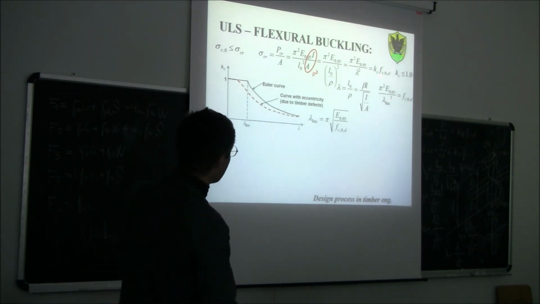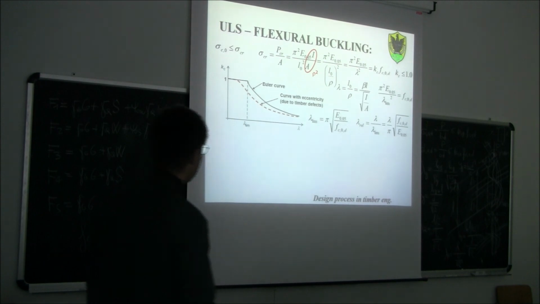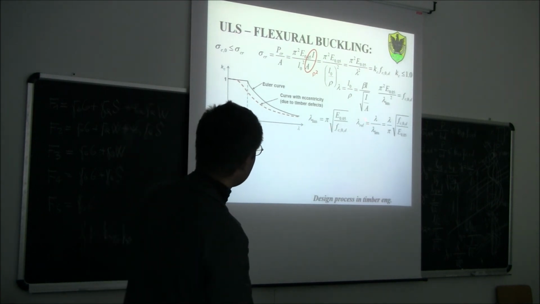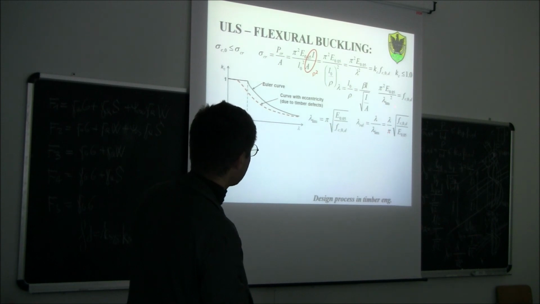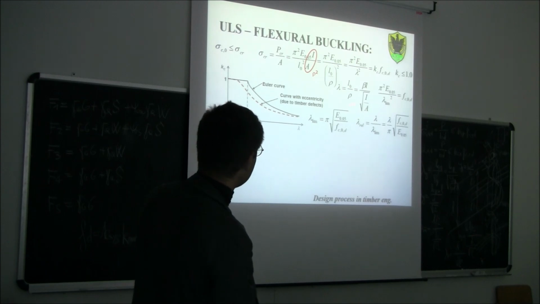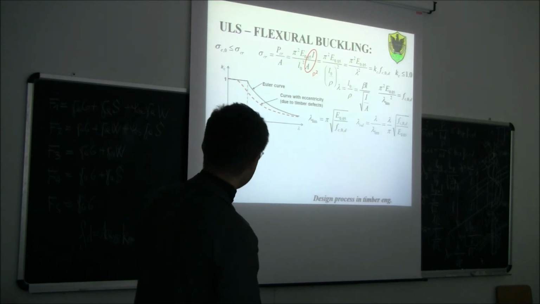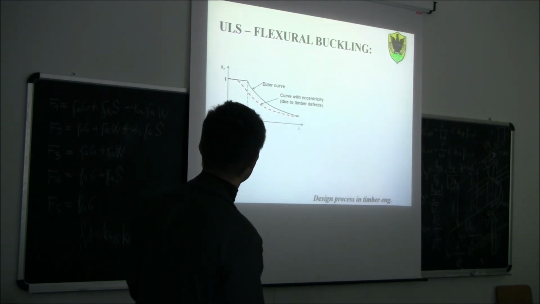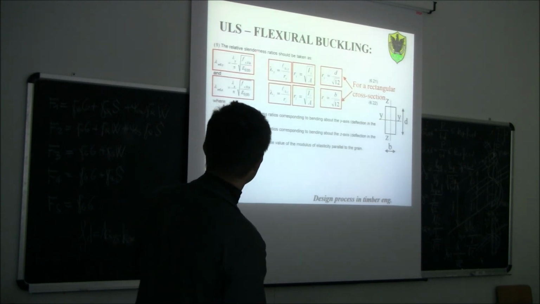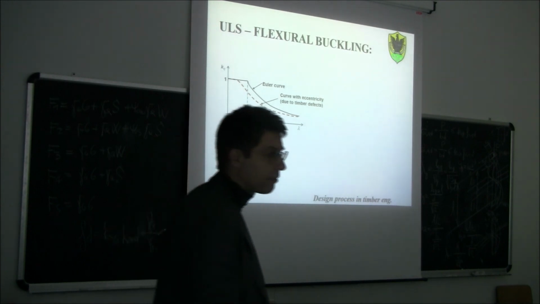If you solve this equation, you find lambda limit equal to pi times the square root of E divided by fc0d. And then you find the relative slenderness, lambda divided by pi, times the square root of fc0k divided by E0.05. This relative slenderness ratio is the one that we saw before. So this one can be obtained using the Euler formula.